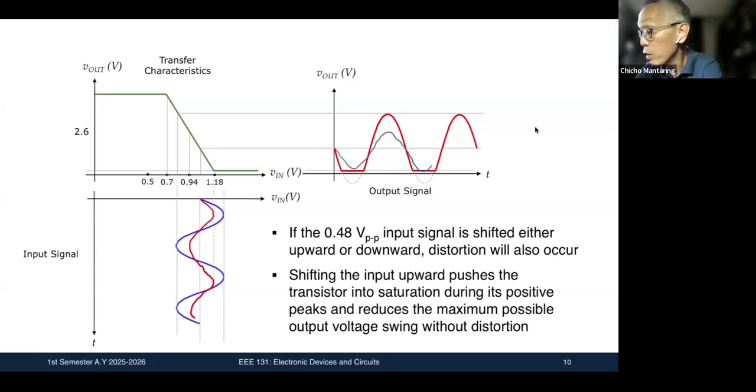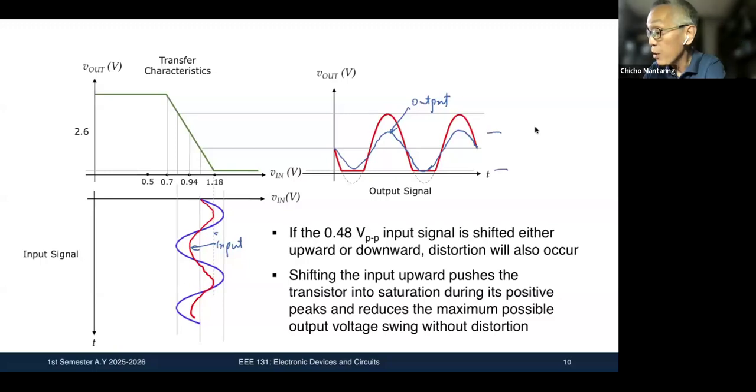That's just my output. If I reduce my input, this is the input, and this is the corresponding output. What happened?